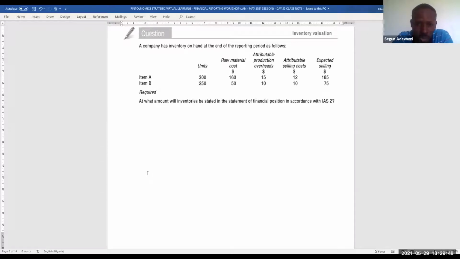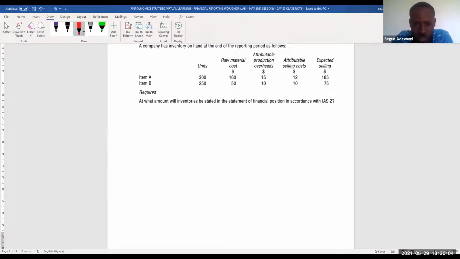So in computing the cost of inventory, we are going to multiply the raw material costs by the number of units separately from the attributable production overhead costs by the number of units. We then sum the two together to give us the cost of inventory.